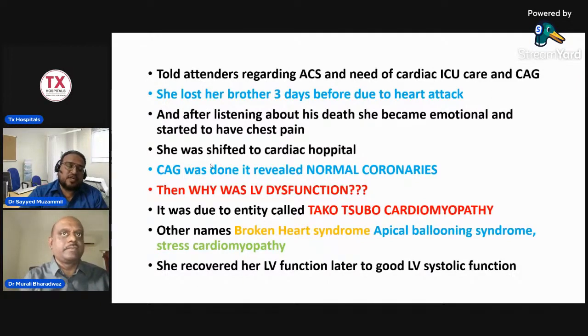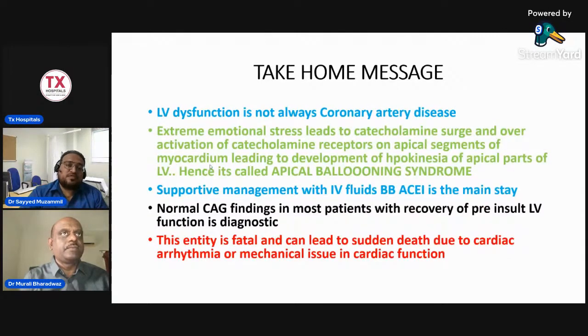It is a condition where, due to extreme emotional stress, there is hyperactivation of the adrenergic receptors present on the apical areas of the heart, leading to development of LV dysfunction. So LV dysfunction is not always coronary artery disease. Extreme emotional stress leads to catecholamine surge and overactivation of catecholamine receptors on apical segments of the myocardium.